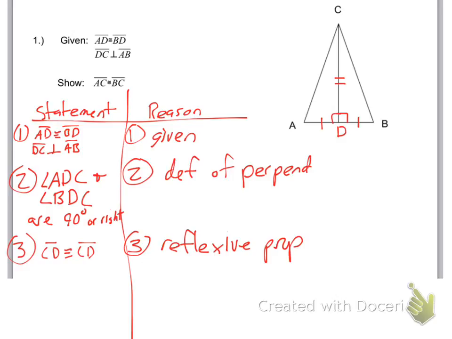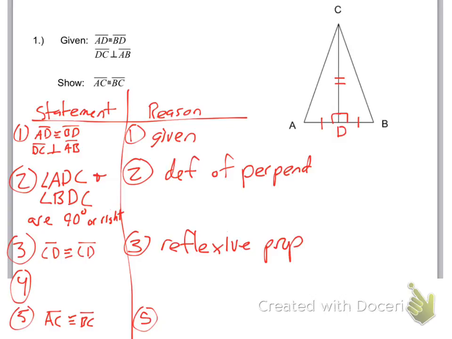Step number 4. We're getting close. This is one, and there's one more. The last step is going to be 5, and that is just going to say that AC is congruent to BC. But what's 4?